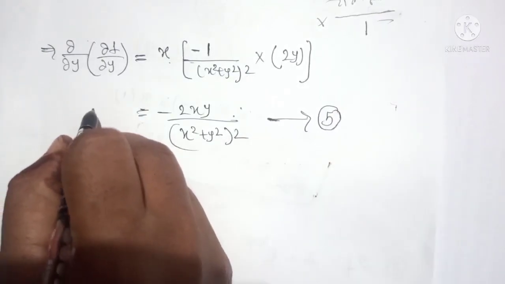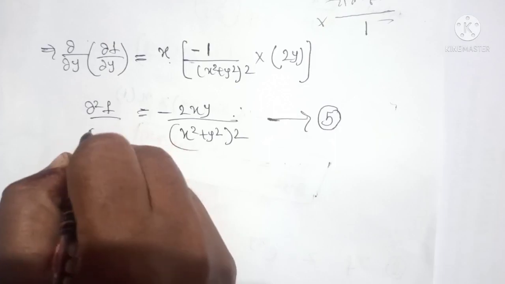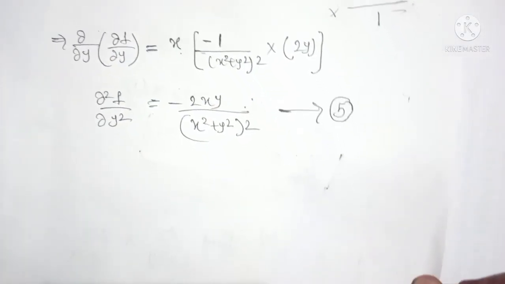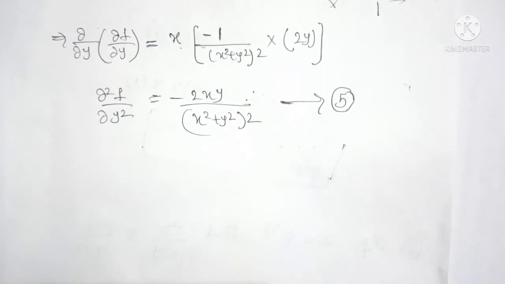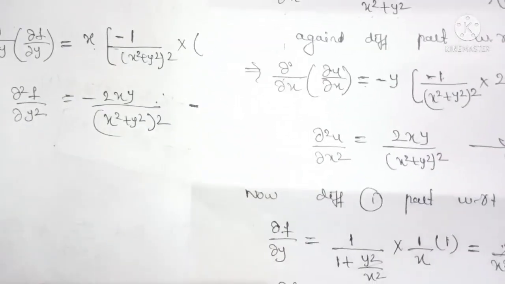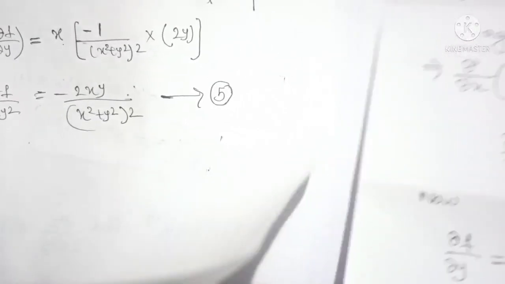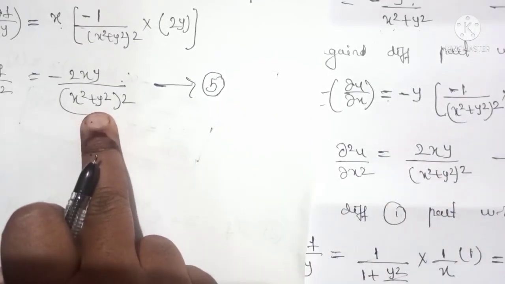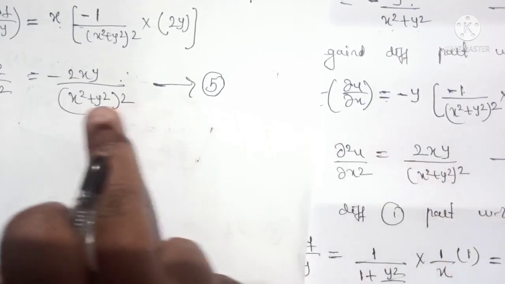So here we get dou square f by dou y square. Now from equations 3 and 5 we can observe that these two terms are the same, almost the same, but only the difference in sign.